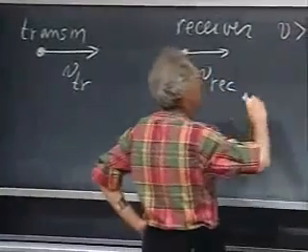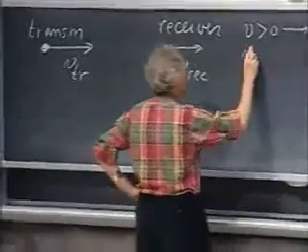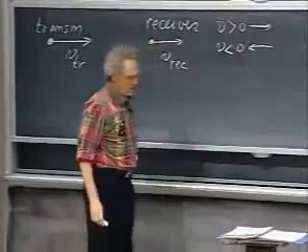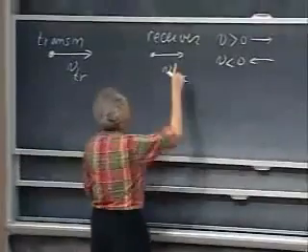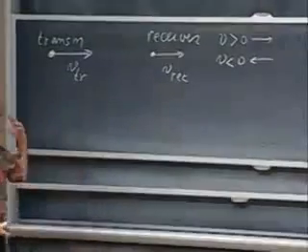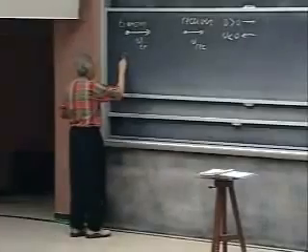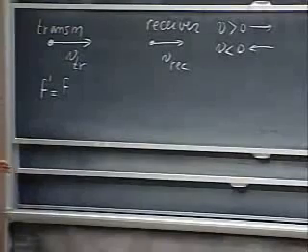And v should be larger than 0 if the velocity is in this direction, and in the equations that follow, smaller than 0 if it is in this direction. The frequency that the receiver will experience, will hear, if you like that word, I call f prime, and f is the frequency as it is transmitted by the transmitter.